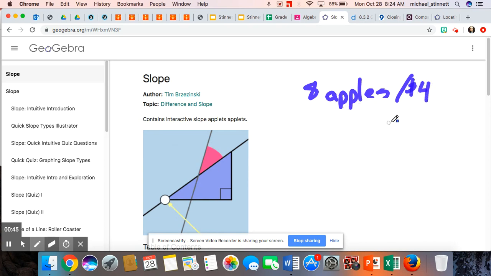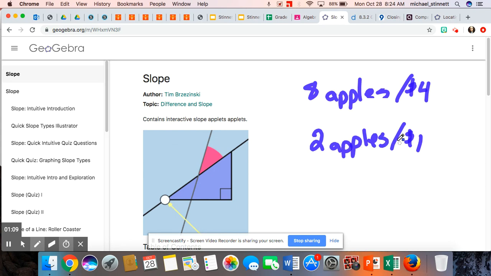So I got eight apples for $4. That is a rate, and then the unit rate would be two apples. I'd have two apples for every $1. So I could buy two apples with $1. So that is the unit rate right here.